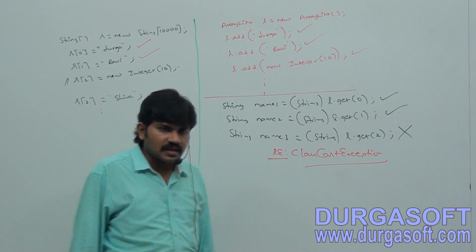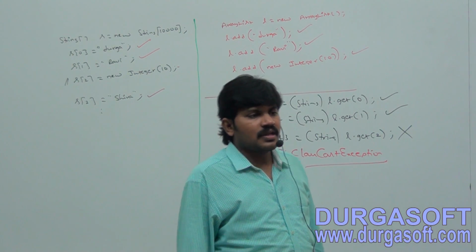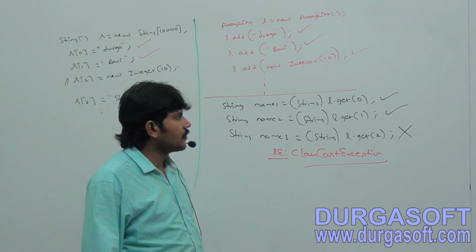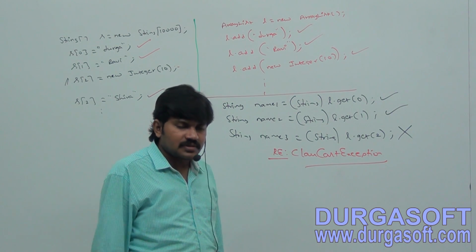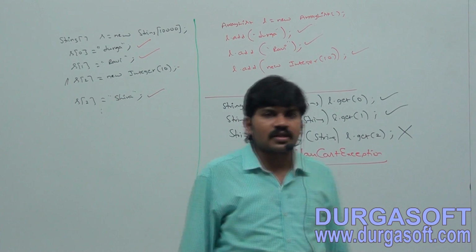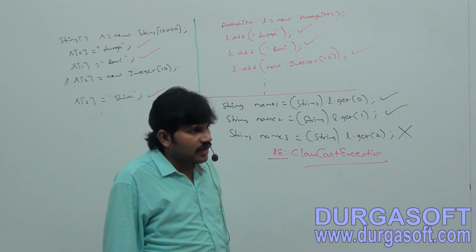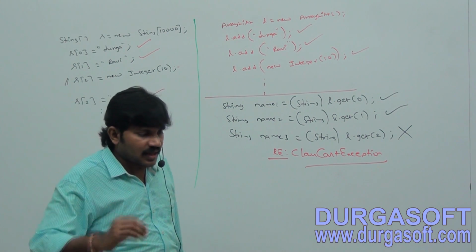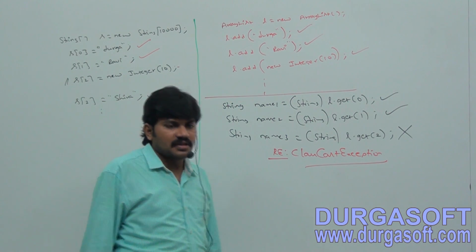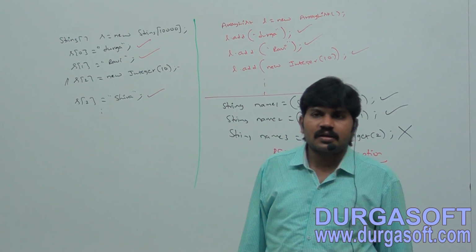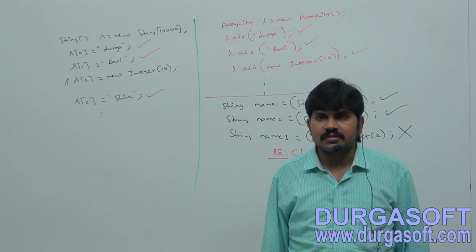That is, we can't give the guarantee for the type of elements present inside the collection.